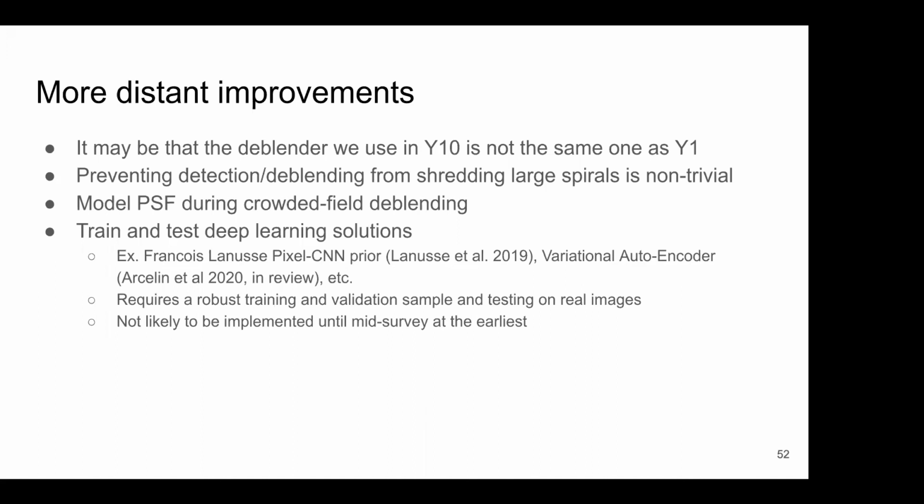This is going to require a robust training and validation sample and testing on real images. So these types of solutions really aren't likely to be implemented until mid-survey at the earliest. But it's worth keeping in mind that there may be some more advanced features that we can try to put in later.